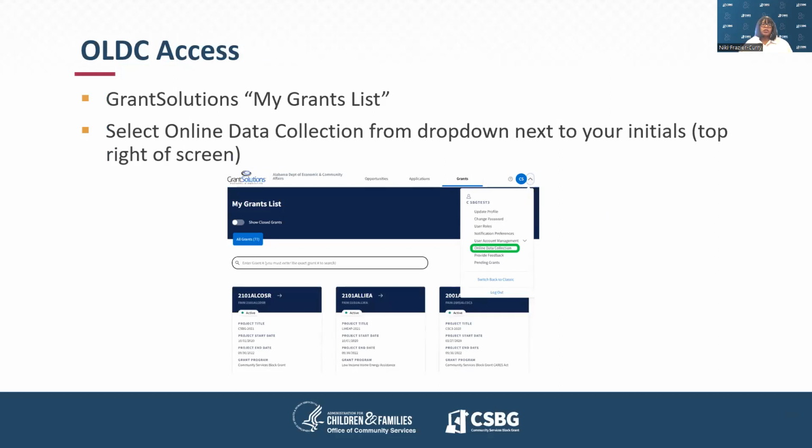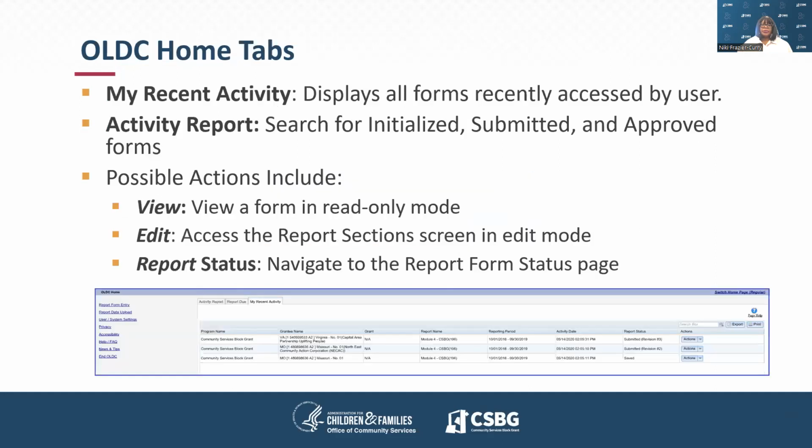Once you've logged into Grant Solutions, you will be on my grants list page. You'll select online data collection from the drop down, which is next to your initials at the top right of the screen. Once you log into OLDC, if you have not already done so, you can go to the enhanced version of OLDC.